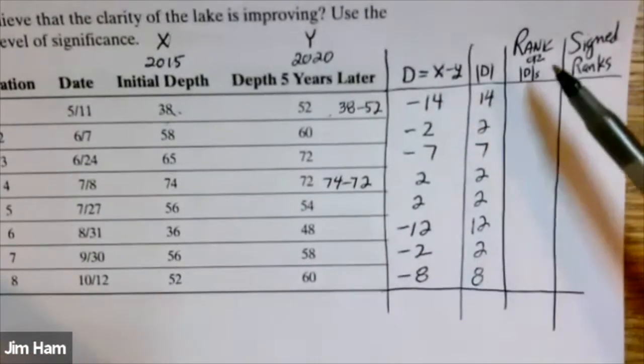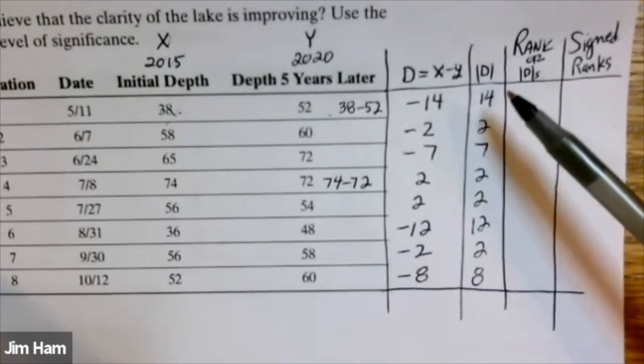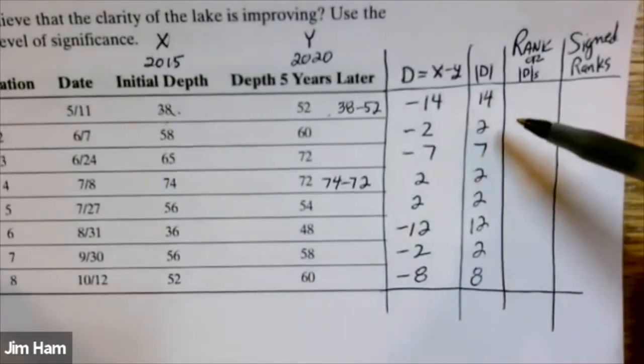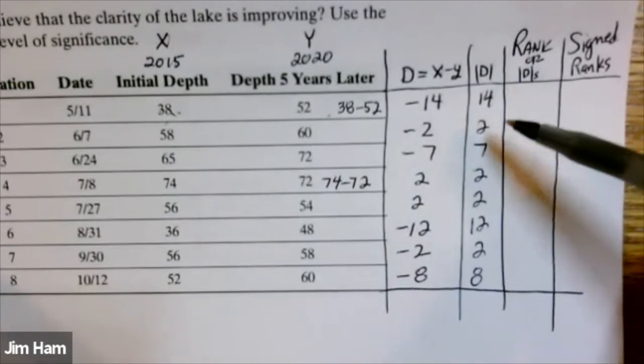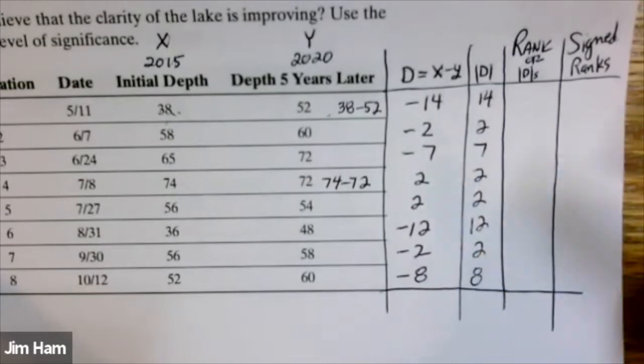After this one, the toughest part about this whole process is to rank these positive numbers. We're going to start with the lowest one. Okay, now the lowest difference is 2. And it appears 4 times.